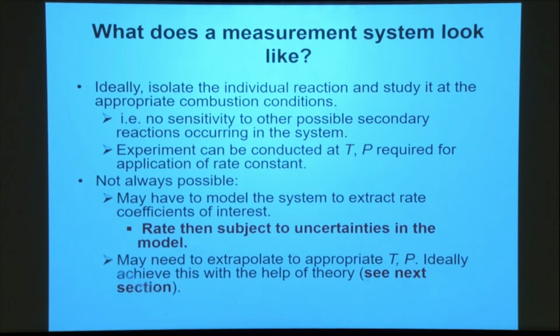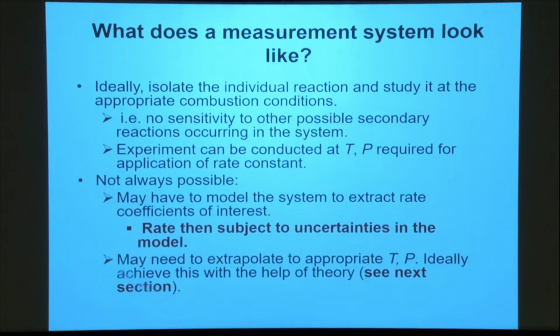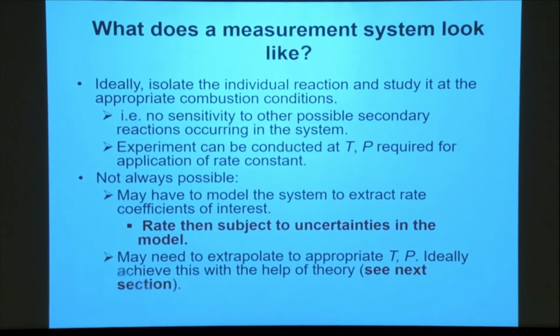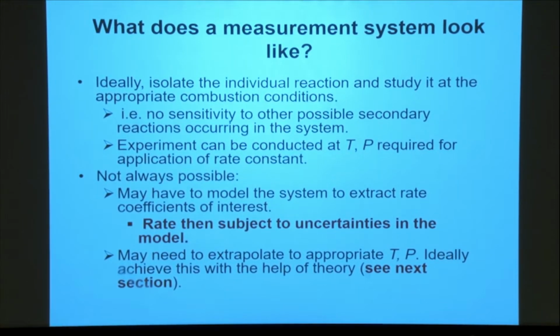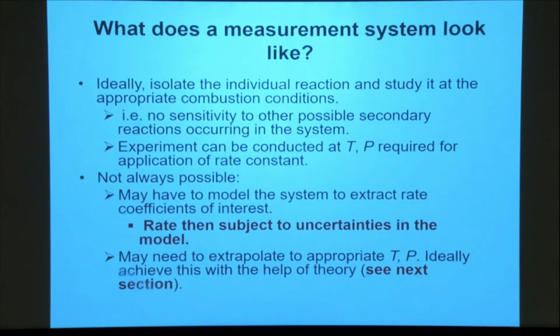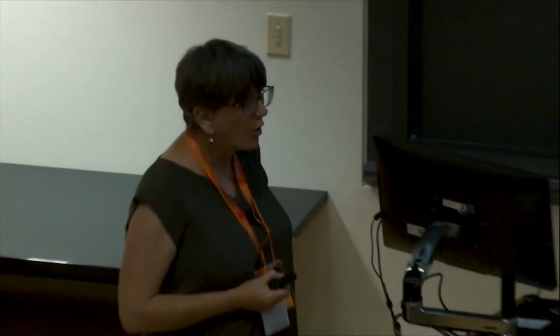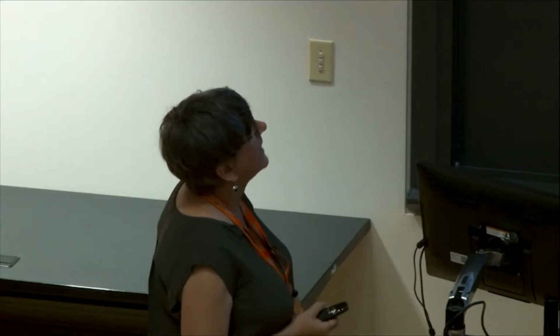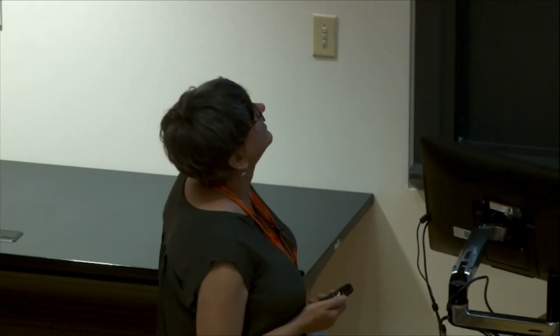If you're used to modeling a rapid compression machine or flame speed, then you've got a lot of different reactions going on, and reaction sequences that are interacting. But if we're doing kinetics measurements, the ideal situation is that we only have sensitivity to the one reaction that we want to measure. That's not always possible, but an ideal measurement system would isolate the individual reaction that we wanted to study.